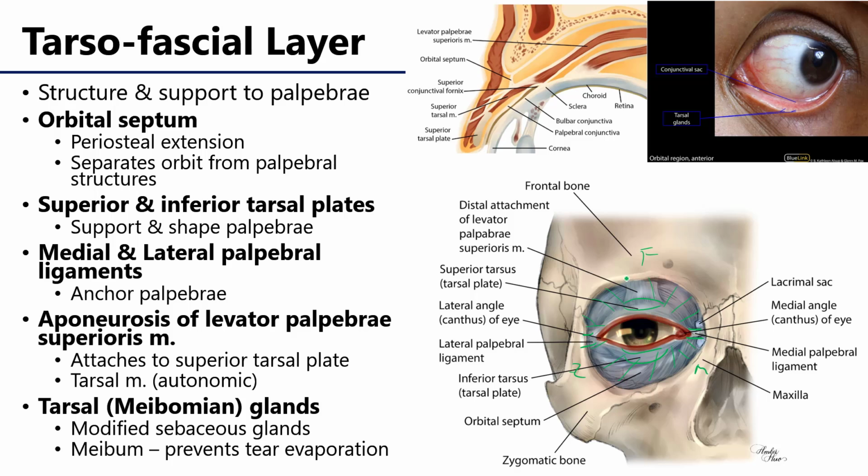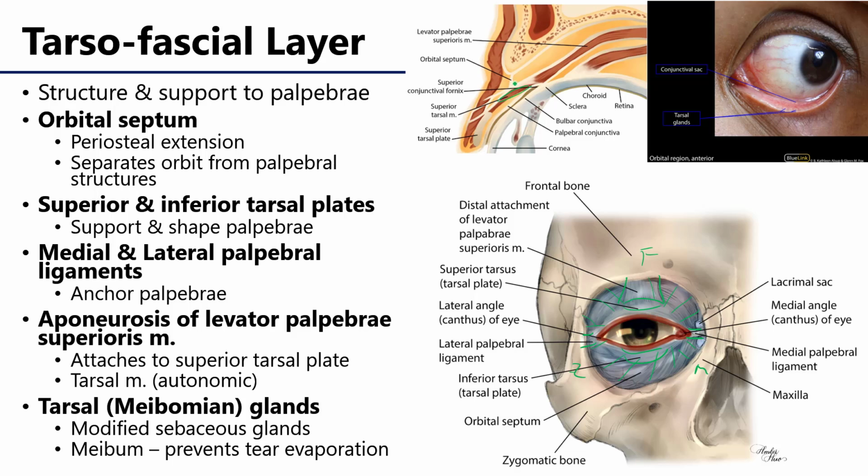Superiorly, we also have an aponeurosis of one of our extraocular muscles. This one doesn't attach to the eye. It attaches to the superior palpebrae, and this is known as levator palpebrae superioris muscle. This muscle, when active, is going to elevate that superior eyelid, and there's a little slip of that muscle, which we can see here, known as the tarsal muscle.